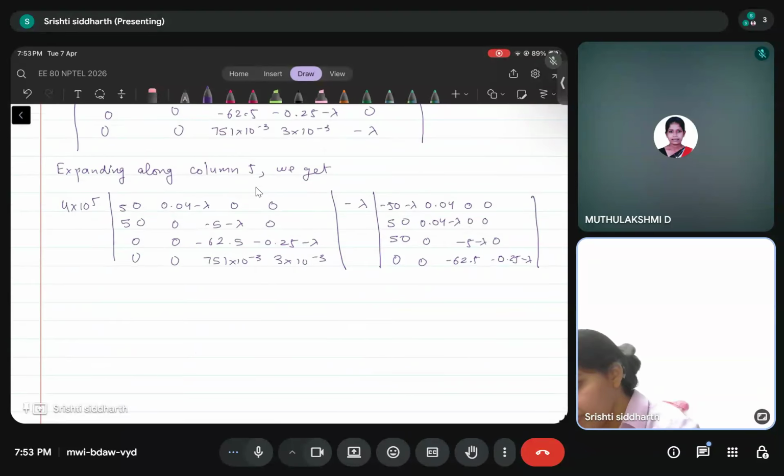Alright. So then we can expand along the second column. It's 4 into 10 to the power 5 into 0.04 minus lambda. This is 50, minus 5 minus lambda, 0.